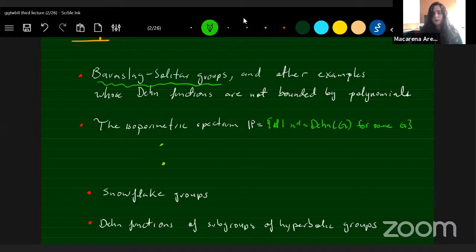We saw that having a subquadratic isoperimetric function implies having a linear Dehn function, and that this implies that the group is in fact hyperbolic. And we saw that IP, the isoperimetric spectrum, is dense in the union of 1 with the interval [2, infinity).